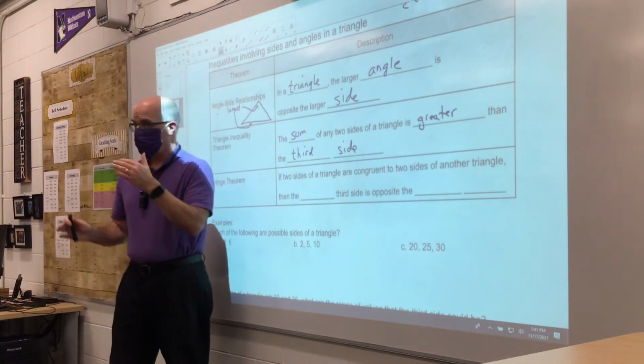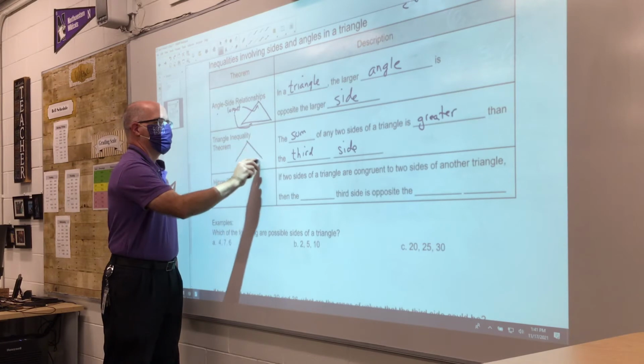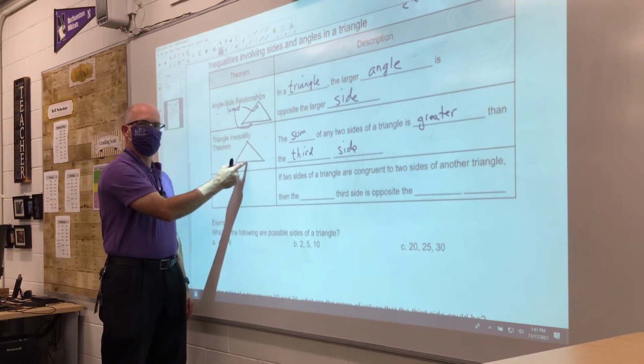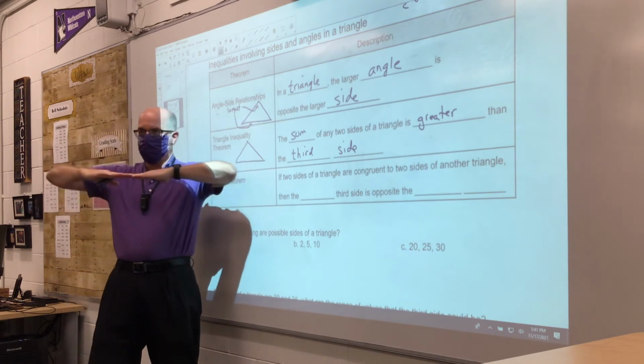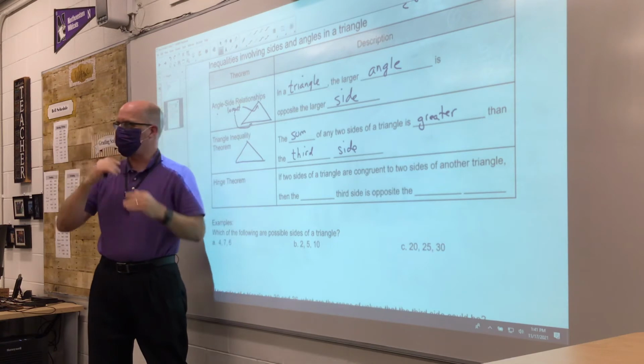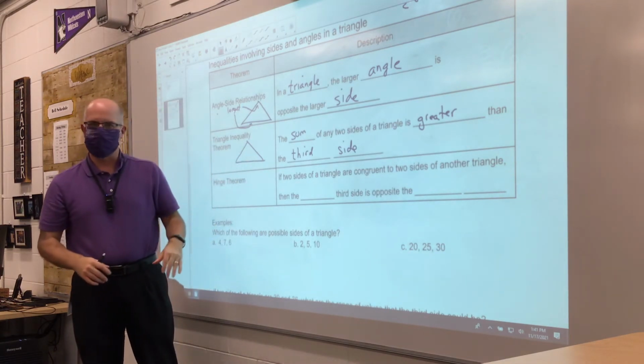This was the exploration you were doing. These two sides have to add up to more than that side, otherwise it wouldn't fit, it wouldn't give it a point to the triangle. So they can't be equal to it, they have to be greater than it.